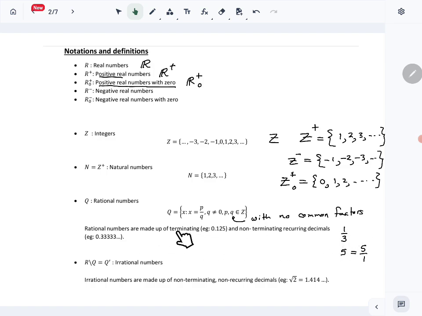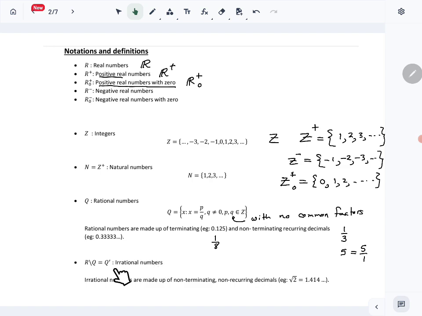And 0.125 is terminating. You can write it as 1 over 8. So those types of decimals are all rational numbers. Terminating and non-terminating recurring decimals. Those are called rational numbers, right? And the notation for rational numbers is Q, right?